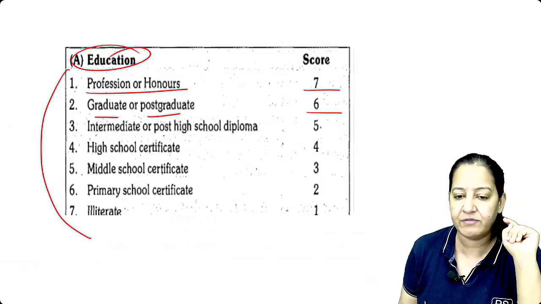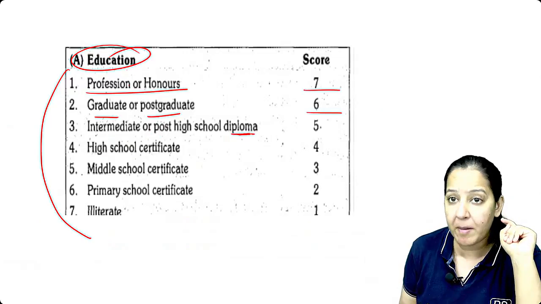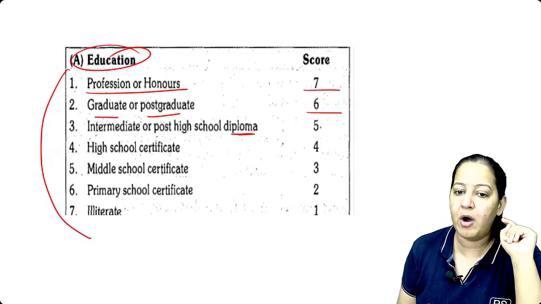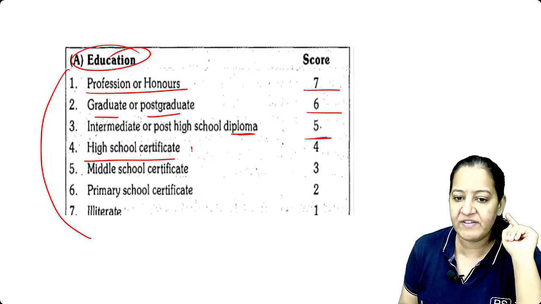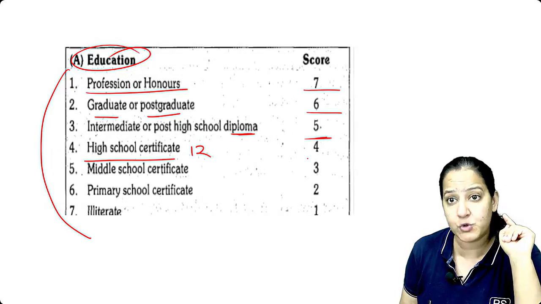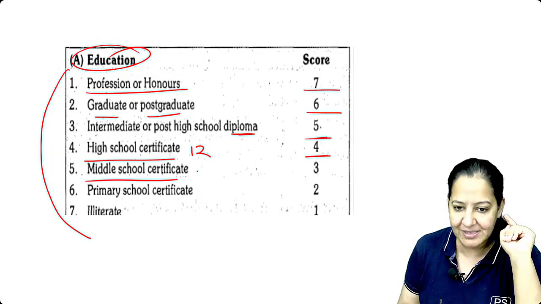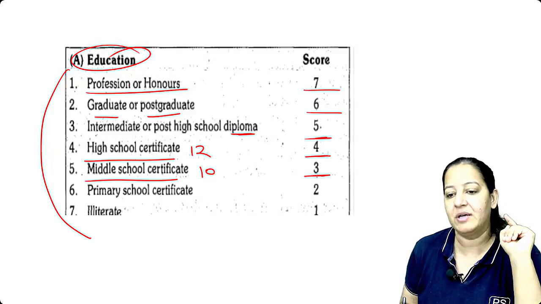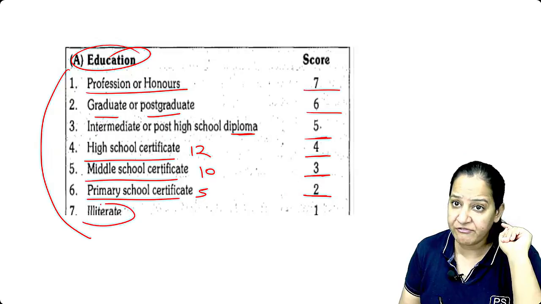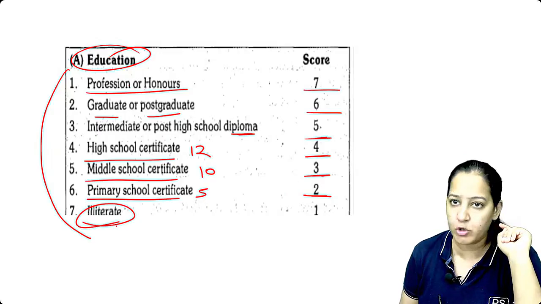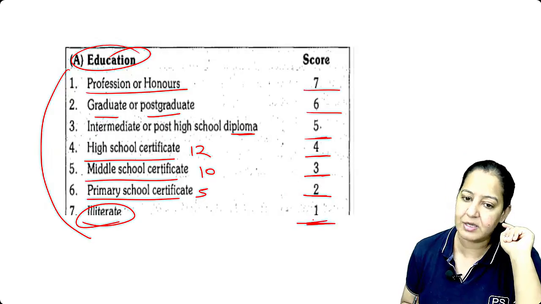Is the head of the family diploma pass? It's not graduate, it's diploma, then it's 5. High school certificate, that is up to class 12th, it's 4. Middle school, up to class 10th, it's 3. Up to class 5th, it's 2. And if the head of family is illiterate, has not gone to school at all, it is score 1.